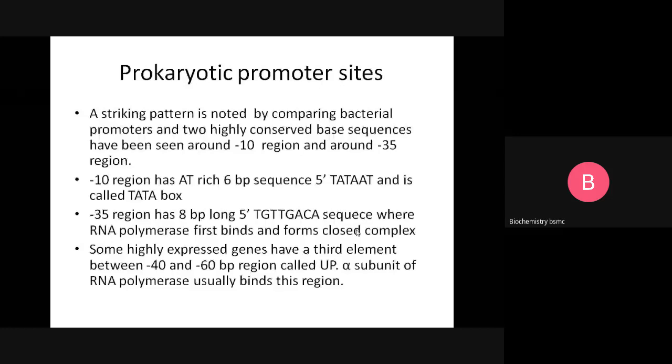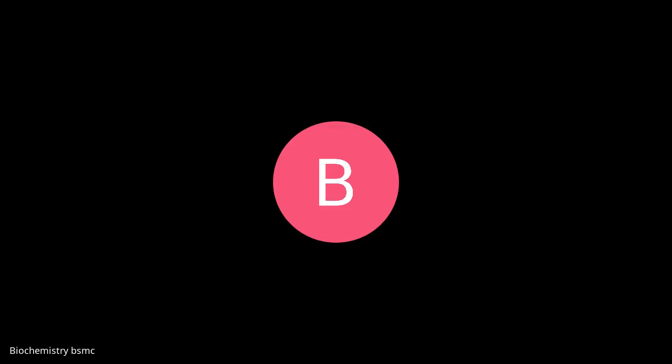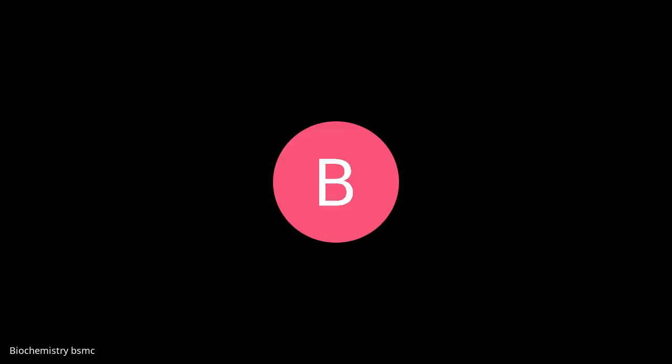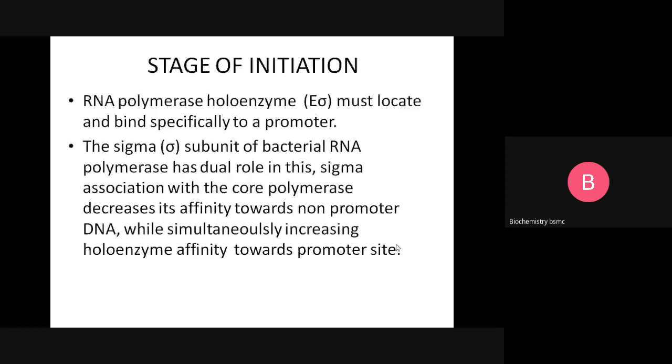Initially it is the sigma subunit which is bound, and as we have already told you, there is a property of the sigma subunit that it leads to increased affinity for the DNA. So it means the polymerase is tightly bound to the promoter site.